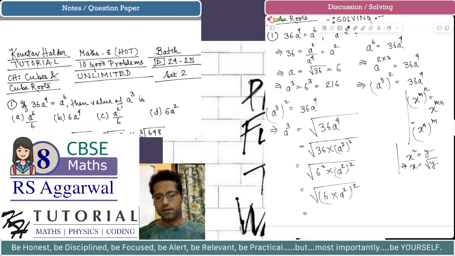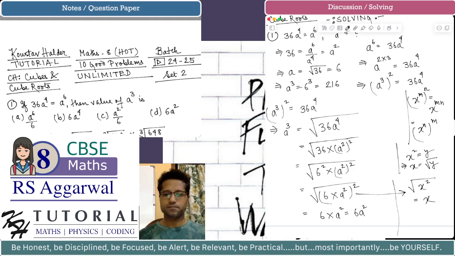Now this is definitely equal to 6 into a square, that is 6a square. The concept behind this is that the square root of x square, where x is some non-zero rational number, is always equal to x.